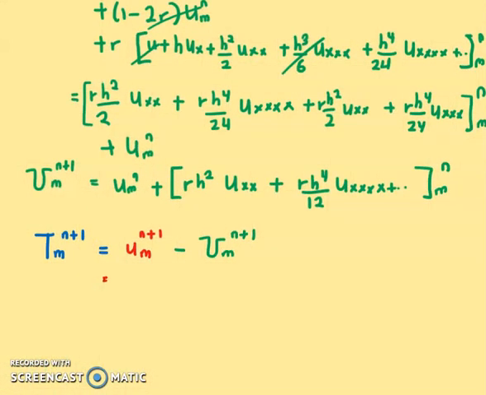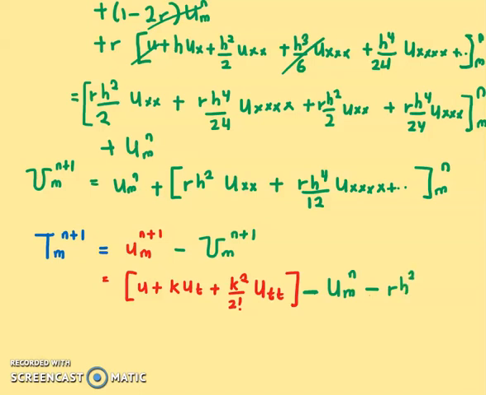So I have u plus k u_t plus k squared over 2 factorial u_tt, minus this whole term here: u_m^n plus r h squared u_xx plus r h to the 4 over 12 u_xxxx at m, n.